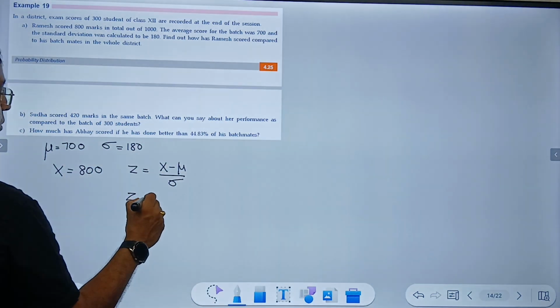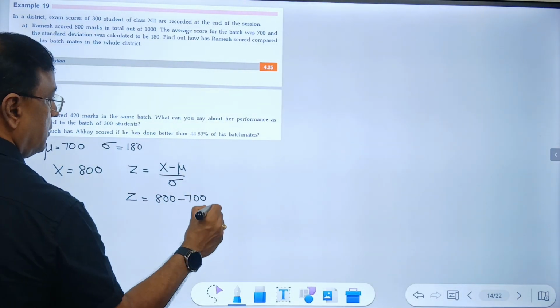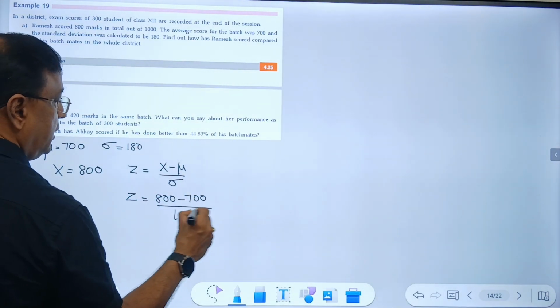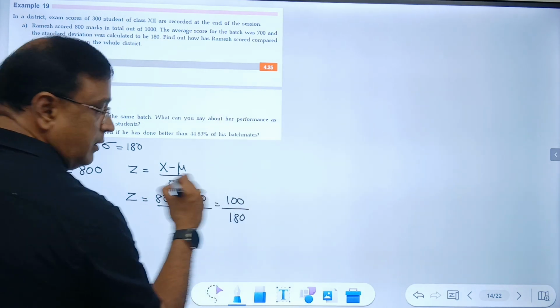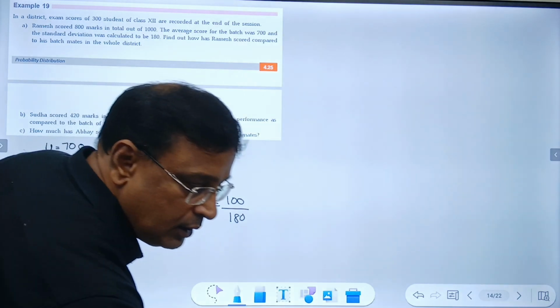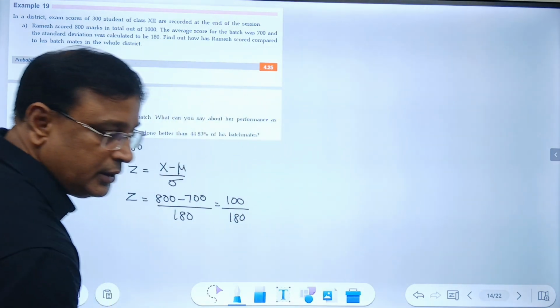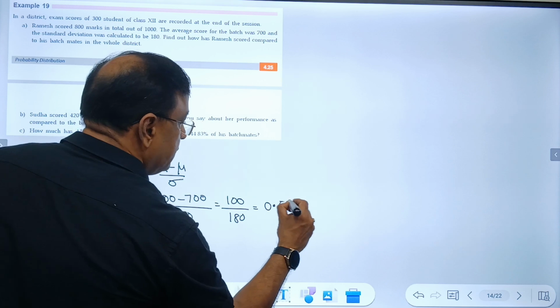So Z equal to 800 minus 700 by 180. So this is 100 by 180. What is 100 by 180? It is roughly, I am getting it as 0.56.